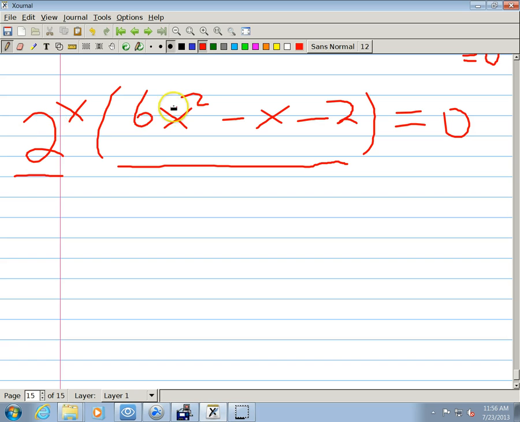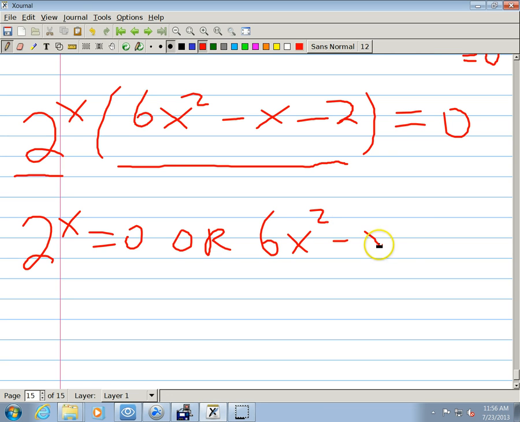That one of these had to be 0, one or both of them, I don't know which, right? So you set each factor equal to 0. So you say, okay, 2 to the x equals 0, or 6x squared minus x minus 2 equals 0. This is how you solve by factoring: you set equal to 0, factor, and set the factors equal to 0.